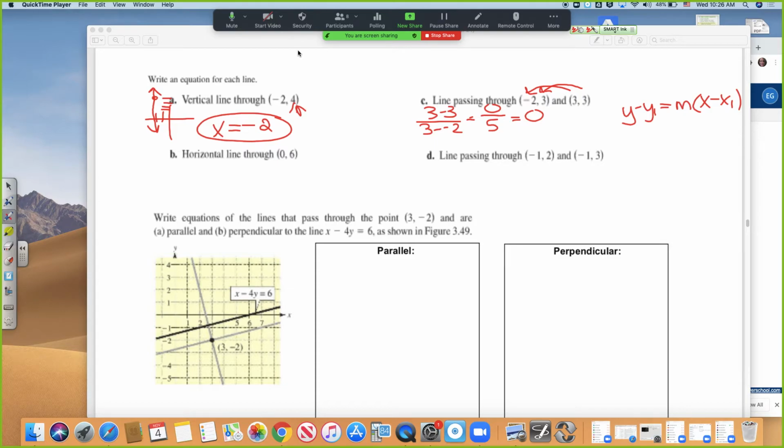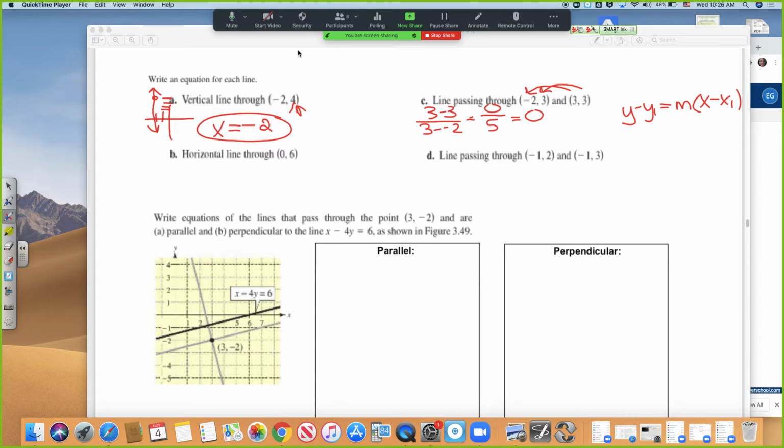Is this line vertical or horizontal? Yes, so it's going to be a horizontal line. And horizontal lines always start with y equals. It has 0 slope, so technically I could, oh, we want to use point slope. Hold on, sorry. Point slope form we can use.